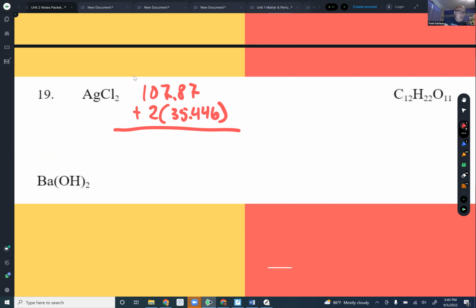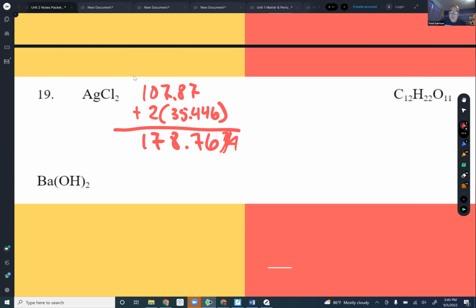And what you get is 178.76. Sig figs there: the 2 that was the last digit got cut off. We don't use that one. So it'll just be 0.76.